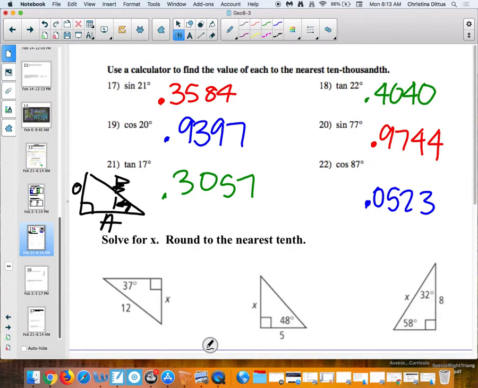So that means whatever this side is, your opposite side over your adjacent, when you reduce that fraction, you will get that decimal. Okay, so what we're going to do down here is use this stuff as well as our sides and that SOHCAHTOA thing to solve for sides.